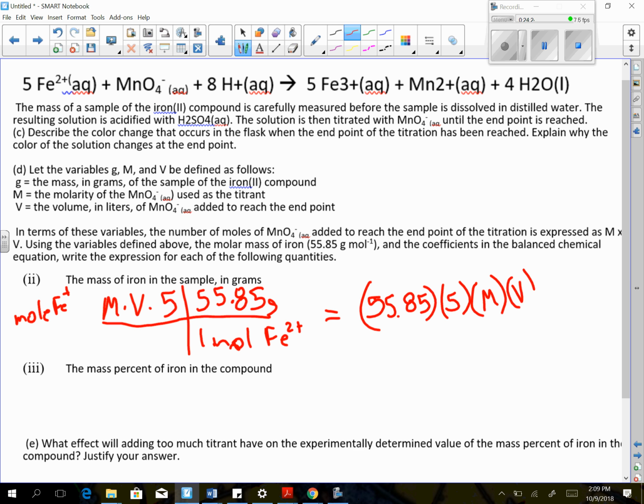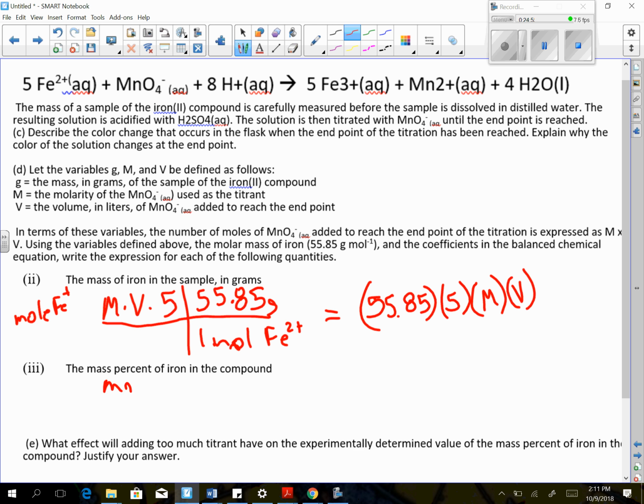How would we find the mass percent of iron now? How would we find the mass percent of iron? Would it be 55.85 divided by what we just got?